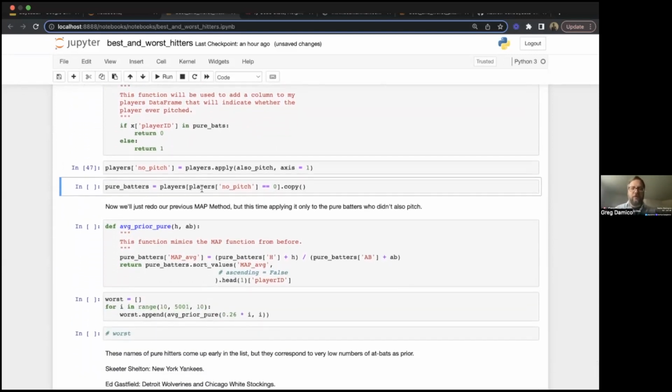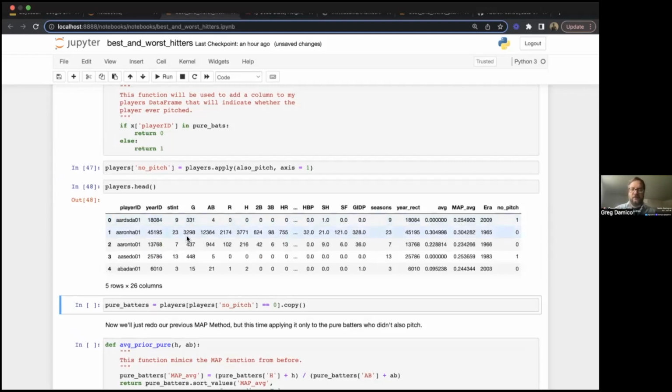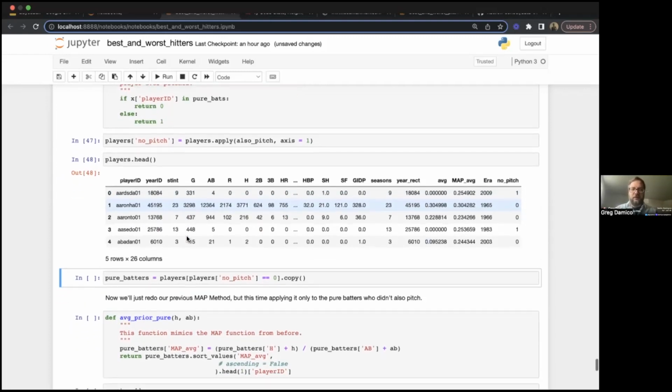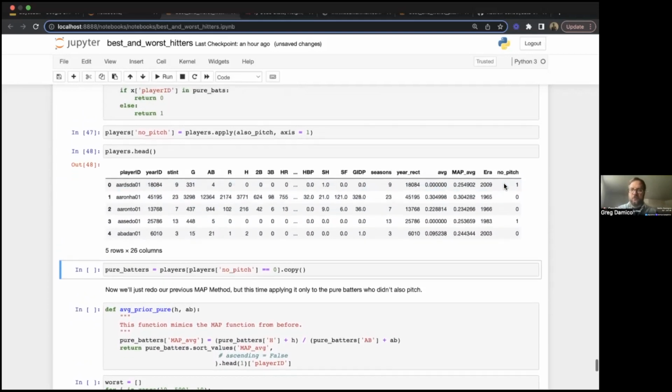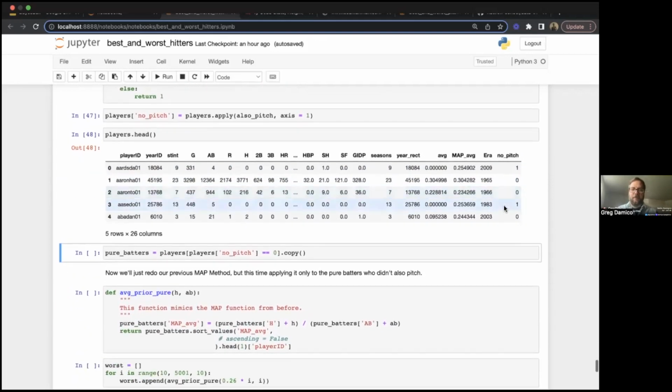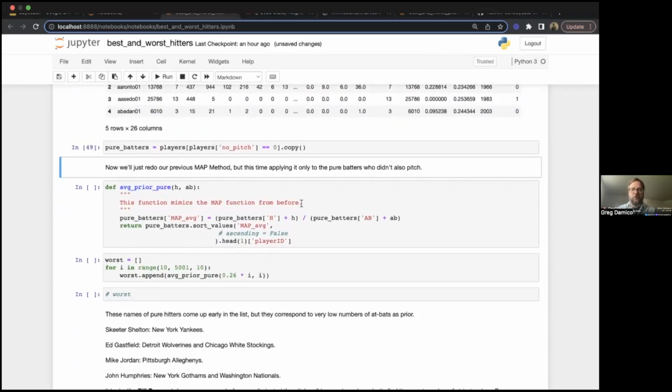If we want to see what this looks like, it looks like this. So I've added this column that says no pitch, and it's just 1s and 0s. What I want to do is grab the ones where no pitch equals 0, and we'll redo our calculations here.